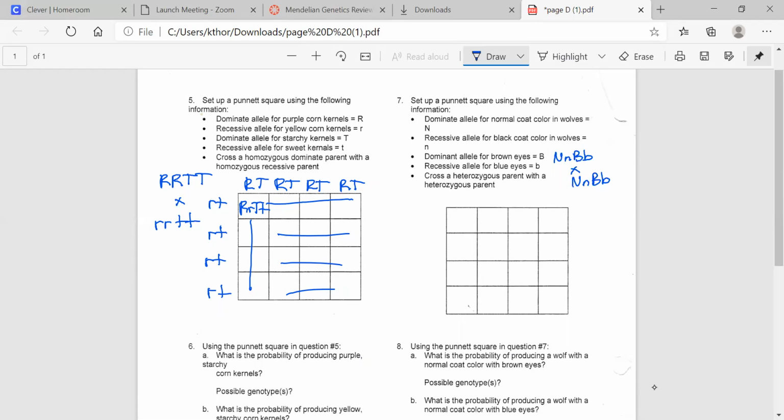So you do the FOIL method to figure out the gametes: big N big B, big N little b, little n big B, little n little b for both of them. So I'm just filling them in.